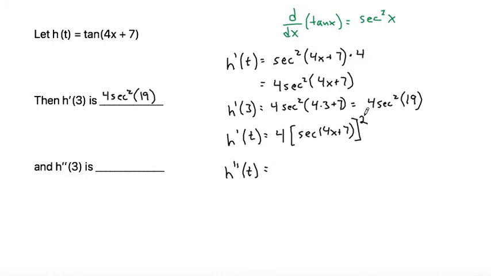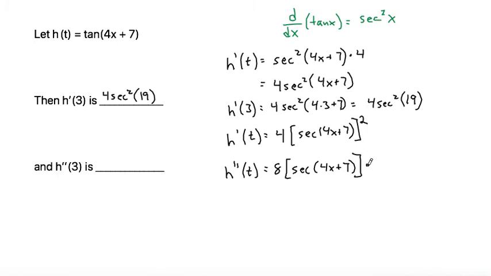we will have this time, because we have a squared here, our outside function would be the power rule. So we can use our outside function as a power rule first. The 2 times 4 is 8, and then we leave the inside function the same, the secant of 4x plus 7, and then we subtract 1 from the exponent to make it a 1, so that means we don't have to write it.